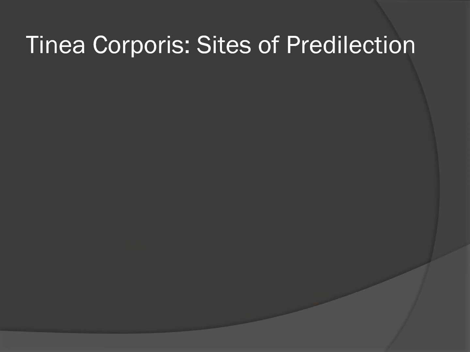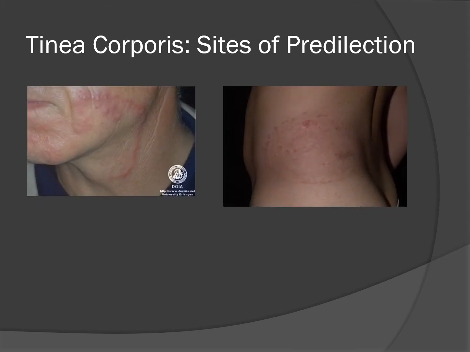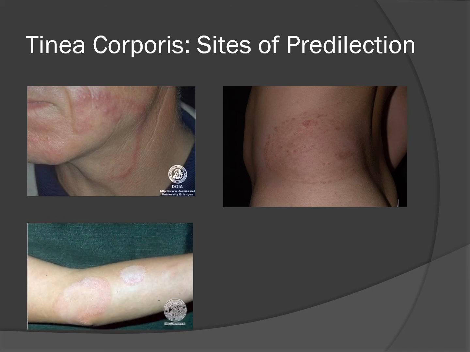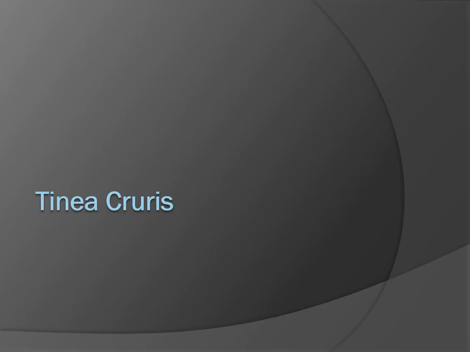Sites of predilection for this disease, or the areas of the skin where we will most likely see the infection, include the neck, the trunk, the upper extremity, and the lower extremity, areas of the skin where fungal spores can attach by contact.